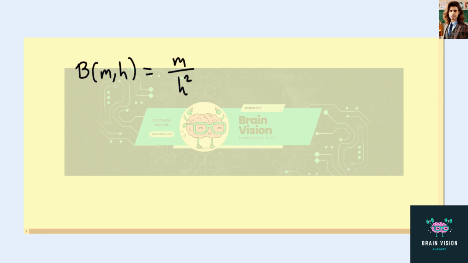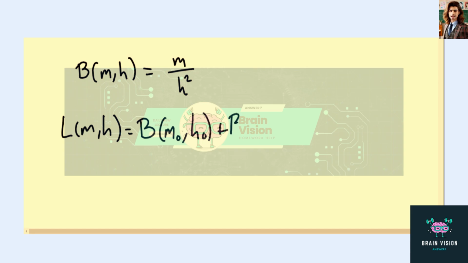Okay, and so we're going to use a linear approximation, and the formula for that is the approximation at xy, or in this case, mh, I suppose, is going to be equal to our function b at some point, let's call it m naught h naught, plus the partial derivative of b with respect to m at our same point, m naught h naught, which kind of looks like moho.